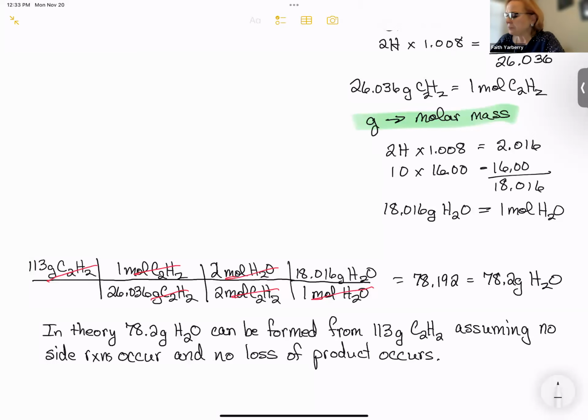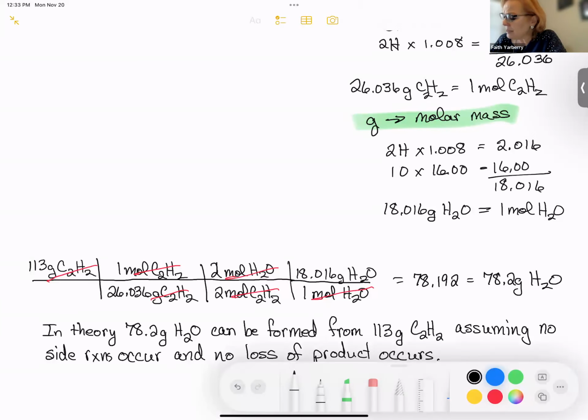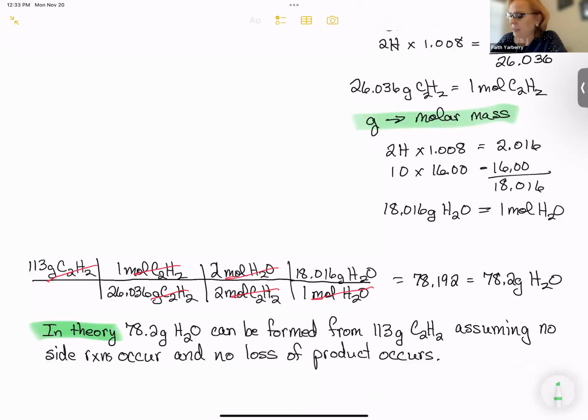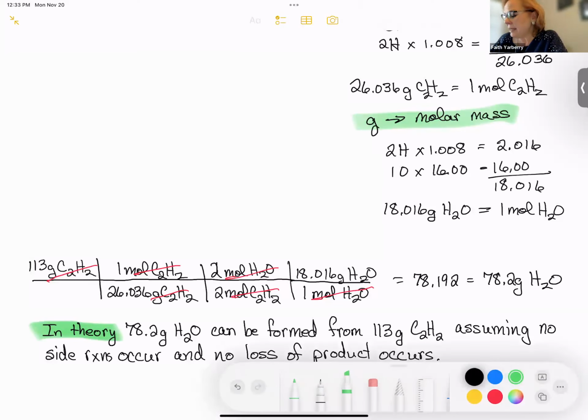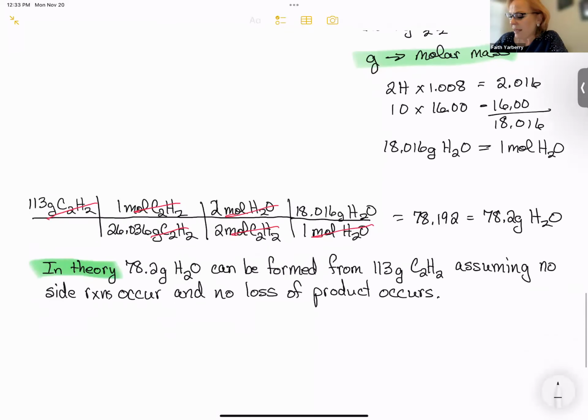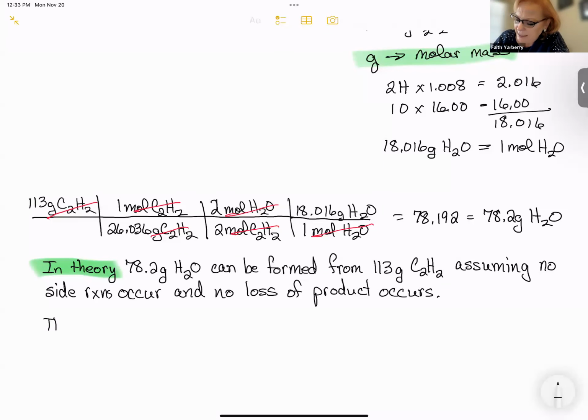Now, what I want to make note of is this term that I've highlighted, in theory. Because this is in theory, this value is referred to as the theoretical yield.